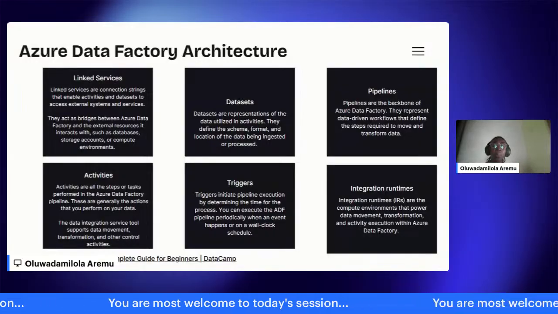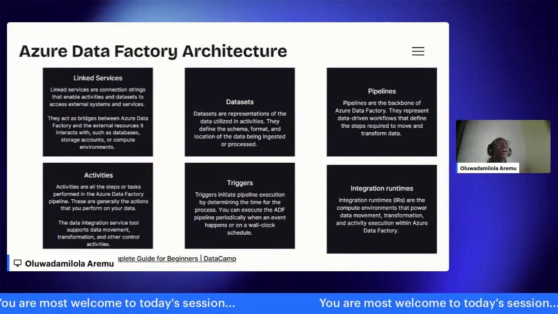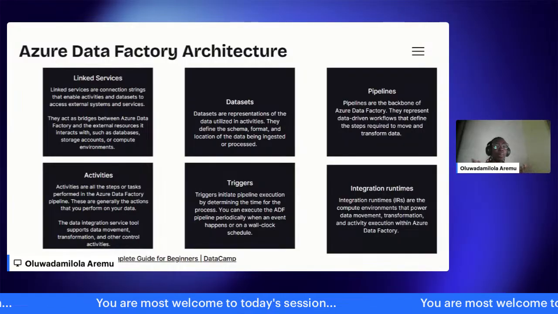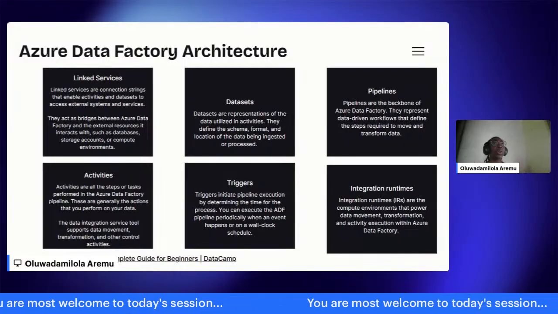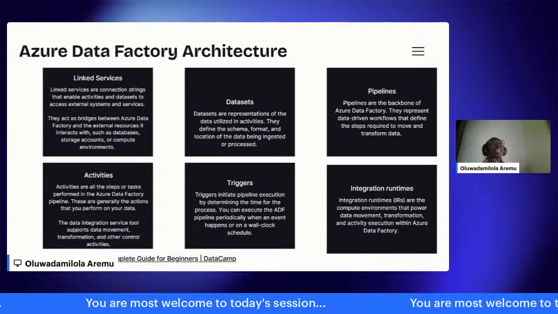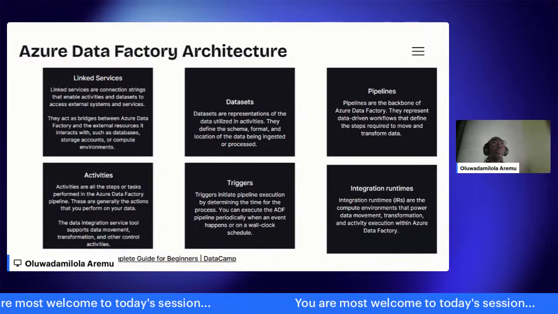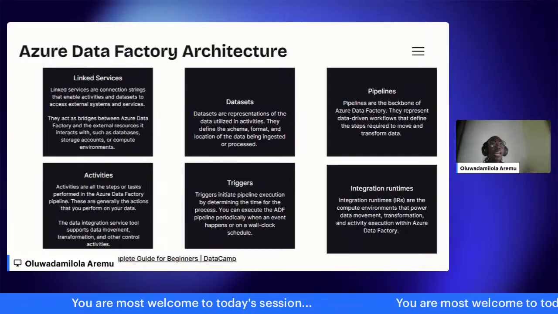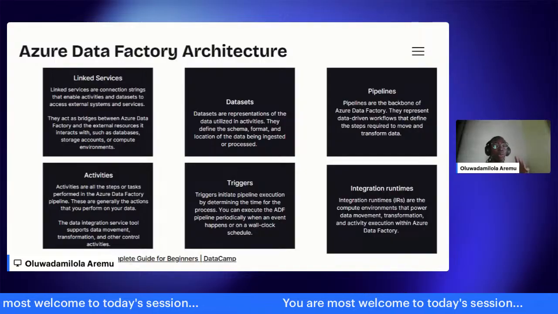Then we have triggers. Triggers are used to initiate the pipeline execution, and it could be based on different things. It could be based on a schedule, a tumbling window, or events. When an event occurs, it triggers your pipeline to start running.